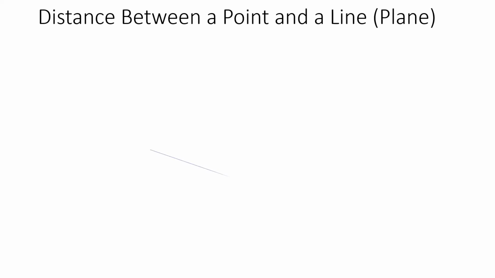In this slide, I'm going to create a formula for the distance between a point and a line. So let's create the coordinate system with the equation of the line ax + by + c = 0 and a point outside of the line, P, represented by (x1, y1). And we are going to do a little bit of a trick here.